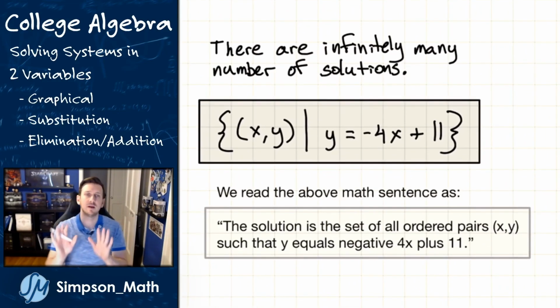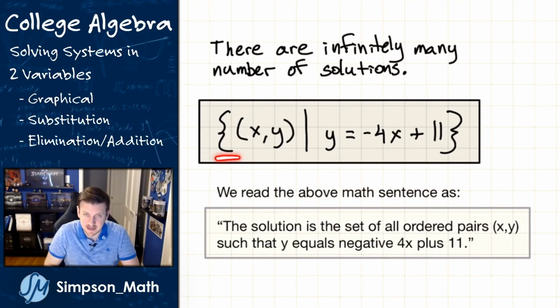This is a little math notation, set builder notation is what we call it. So let me read this for you. I'm opening the set bracket. So the solution is the set of all ordered pairs x and y, such that, this vertical line is such that, y equals negative 4x plus 11.